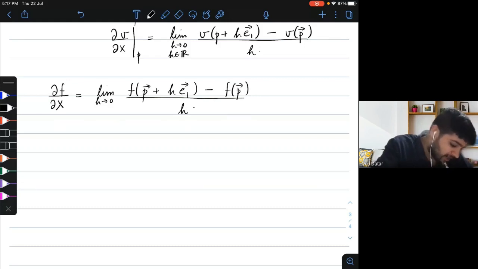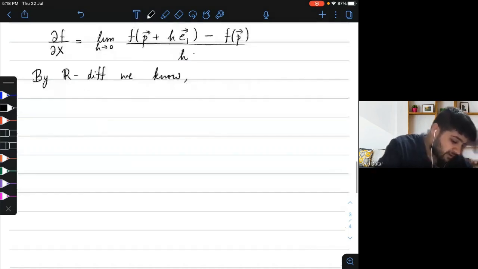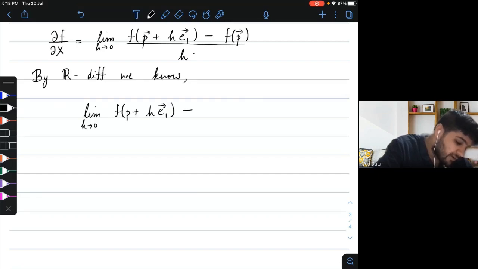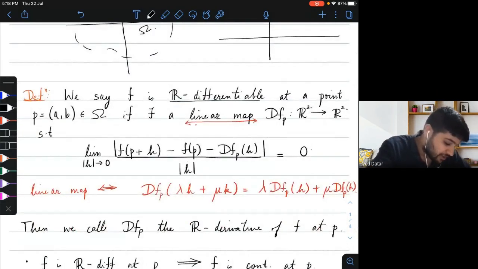So on the other hand, by our differentiability, we know the following, that the limit as h goes to 0 of f of p plus h e1 minus f of p. So just look at the definition of our differentiability, right?